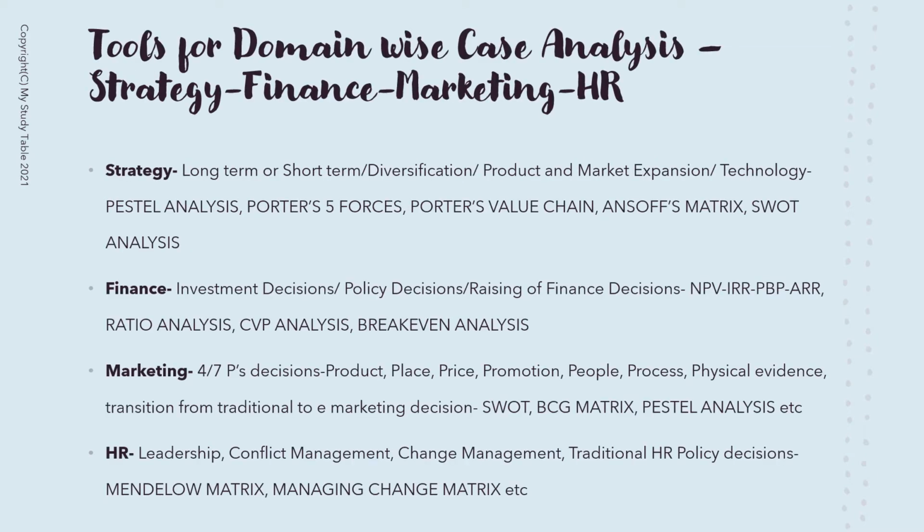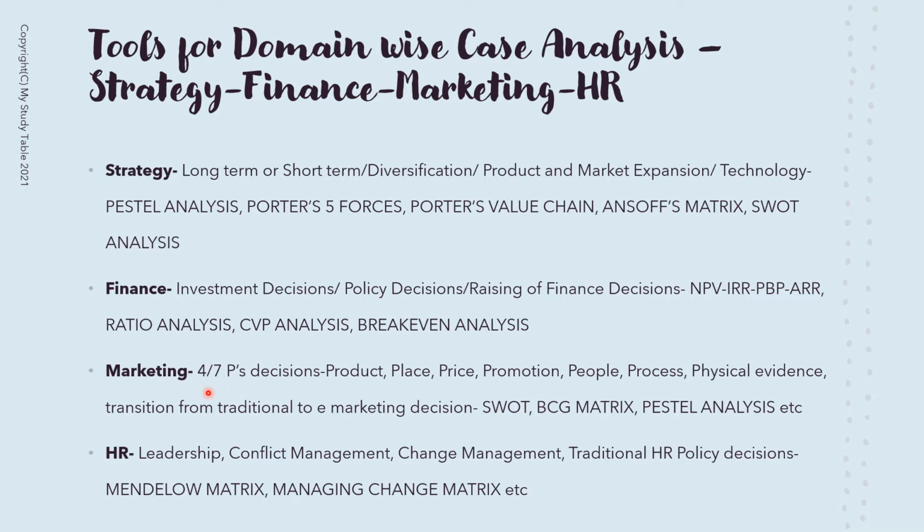This is something that we had seen in the first video of this series on how to analyze a business case study. I had spoken about the different types of cases that you can get under each of these domains. Today, as we're talking specifically about marketing, these are the possible case studies that you can think of.